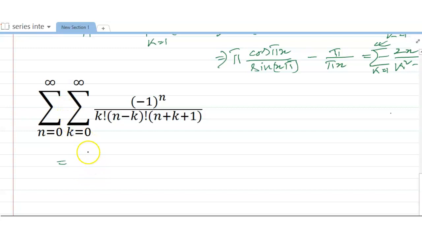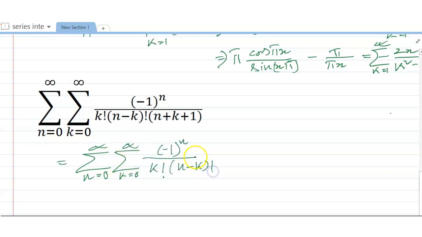It can be written this way: the summation from n equals 0 to infinity, k equals 0 to infinity, of the integral from 0 to 1 of x to the power n plus k dx.